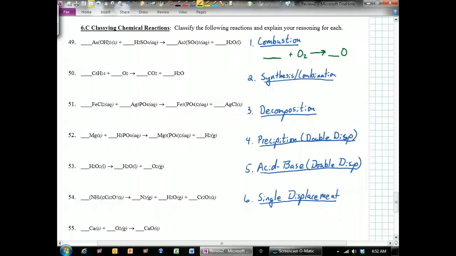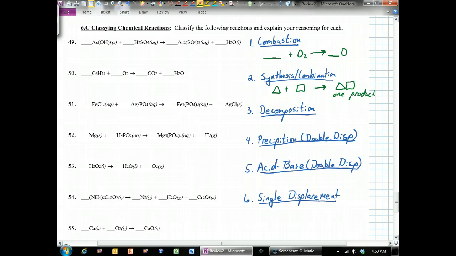Synthesis is when you have sometimes elements, and the two elements will end up combining together to make a compound. So the key is there's only one product.